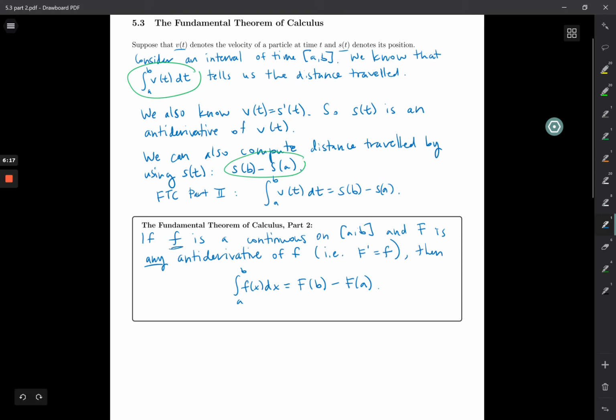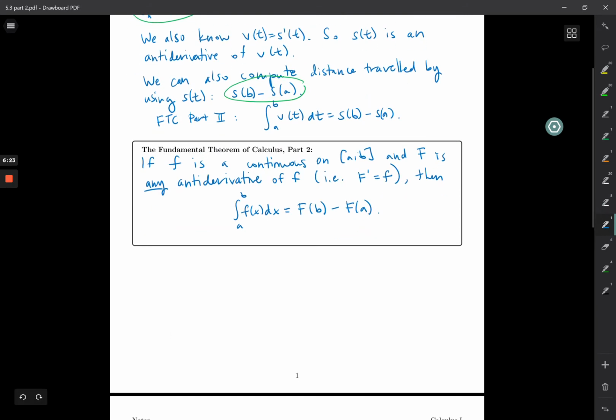Okay, so just a couple of remarks about this theorem. First of all, it does say that we can use any antiderivative of f, right?